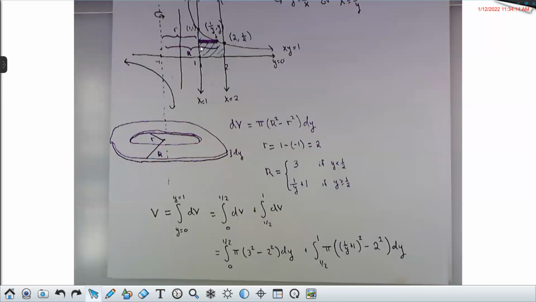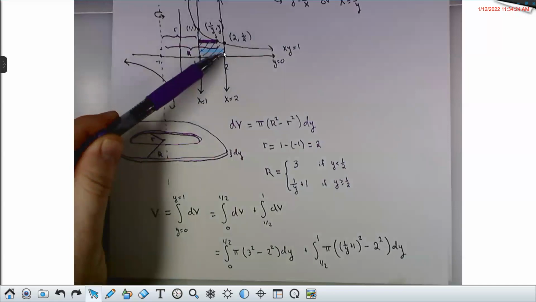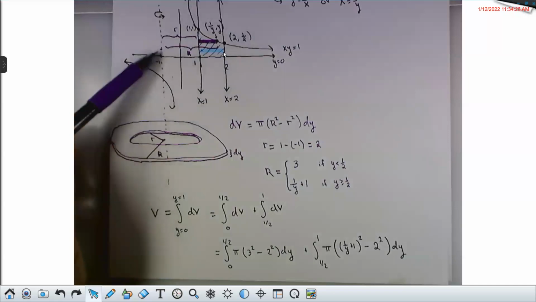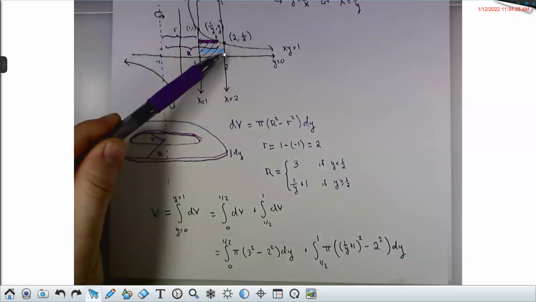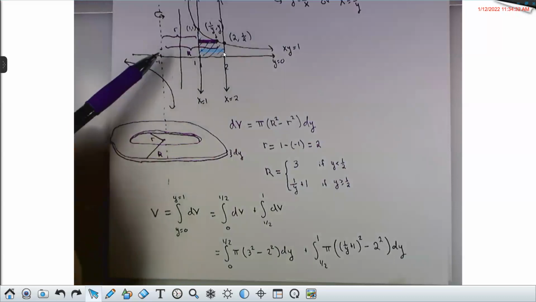So if my strip is down here, right? See this little highlighted spot? If my strip is down here, then capital R is the x value here minus the x value here. The x value here is 2. The x value here is -1. I can do this off to the side.